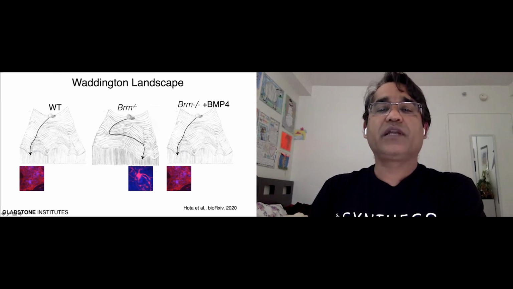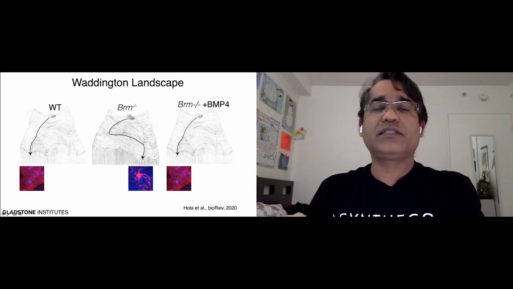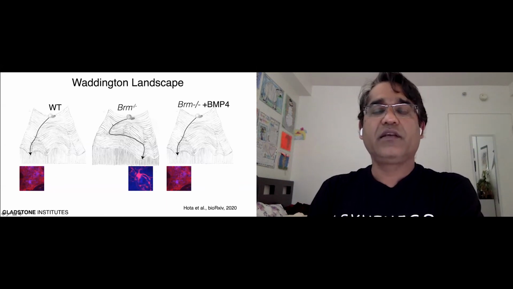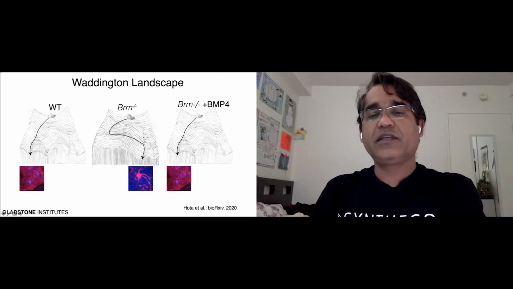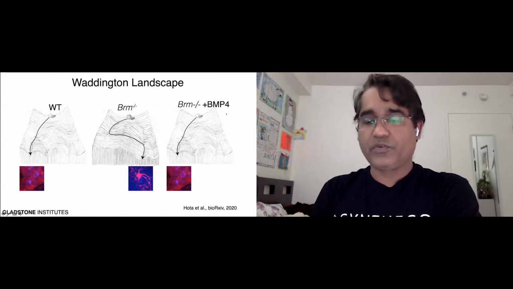In BRM knockout cells, these cells travel some distance in that canal, and we think it's up to mesoderm, because until that point we cannot really see any gene expression changes. After that, it suddenly crosses over the ridge into a canal that's mostly neural and forms neural progenitors and neural cell types. However, this can be rescued, and we don't know when this rescue happens and how far these cells go in the cardiac canal versus going to the neural and coming back. But this can be rescued using a high amount of BMP4.